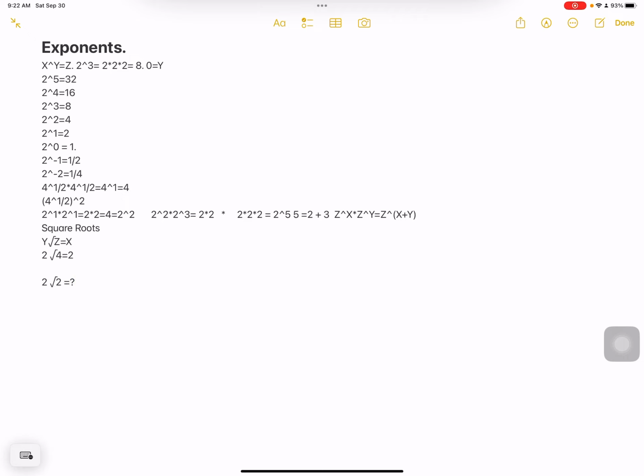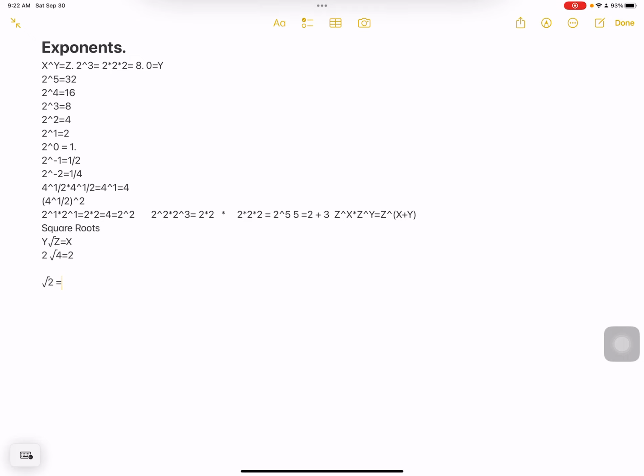Well, now look at this. No exponent written is usually 2, okay? This is how it usually is. This and this are the same thing. The exact same thing. So we can now shorten this. Square root 2 is what?